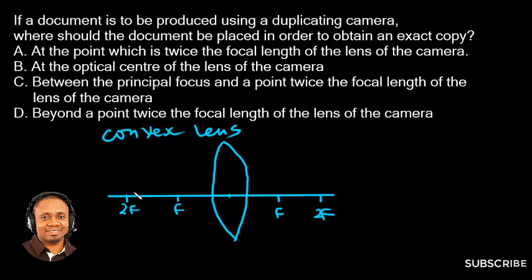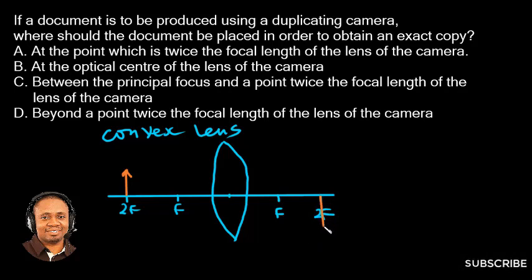So when the object is located at 2F, the image will also be located at 2F on the other side of the lens.